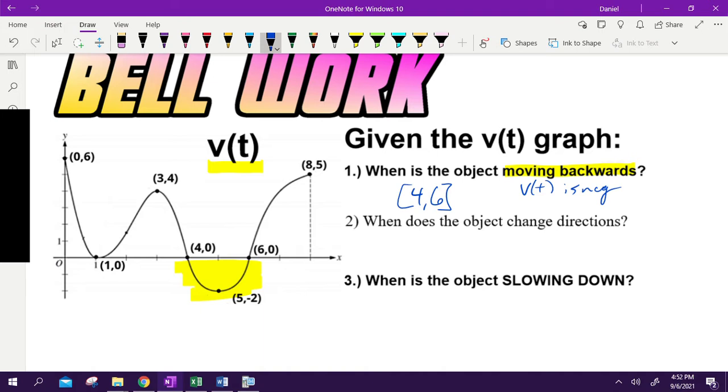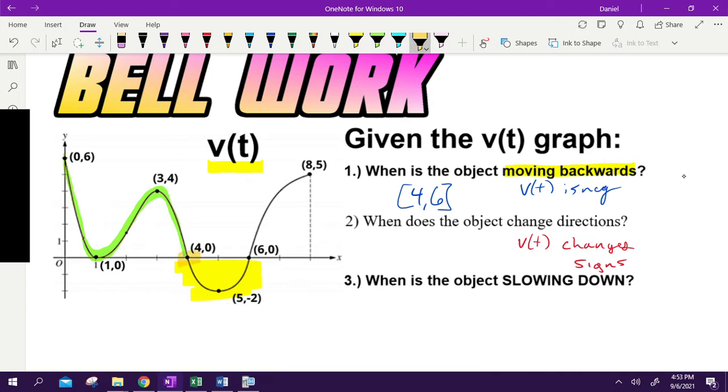When does the object change direction? Well, the object changes direction when velocity changes signs. Because if velocity is positive, it's moving forwards. If velocity is negative, it's moving backwards. So if velocity changes signs, then it changes direction. So when does that happen? Here, velocity is positive, positive, positive.